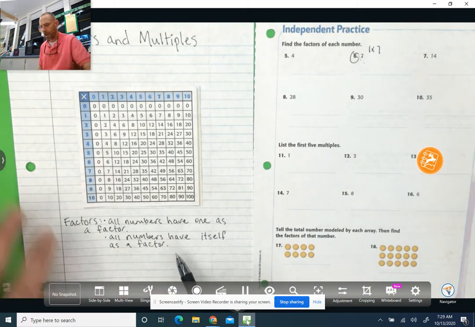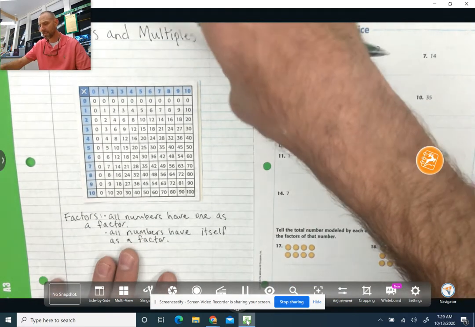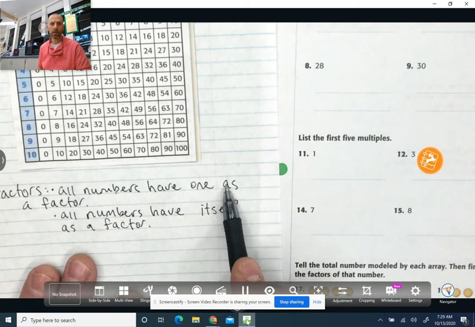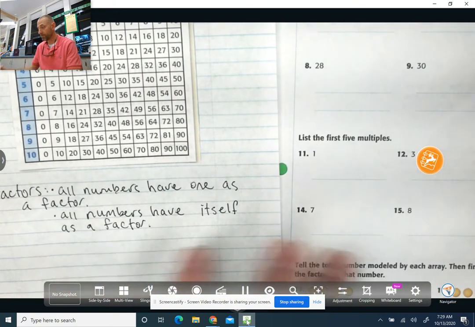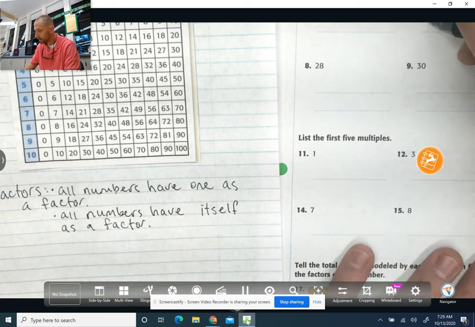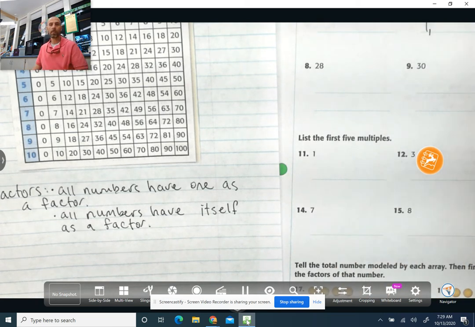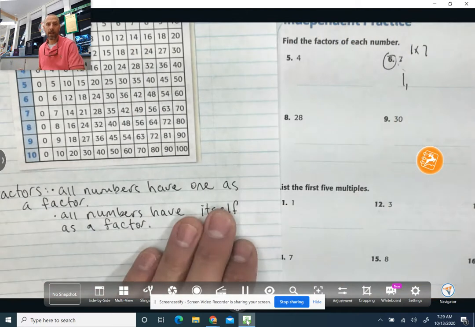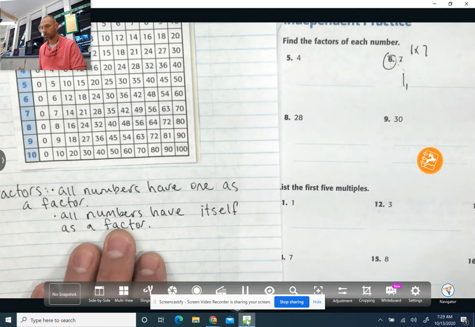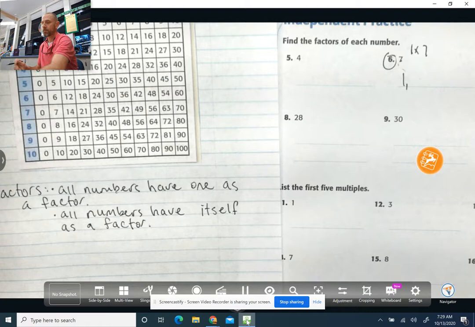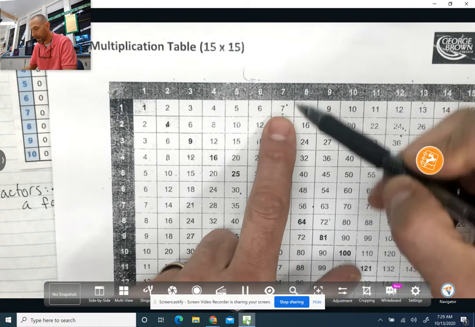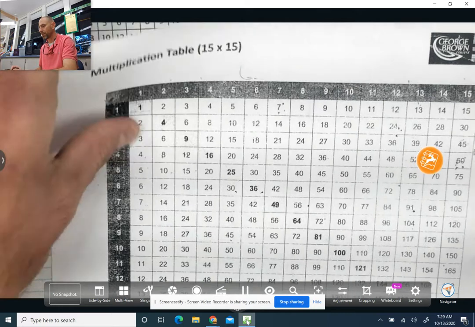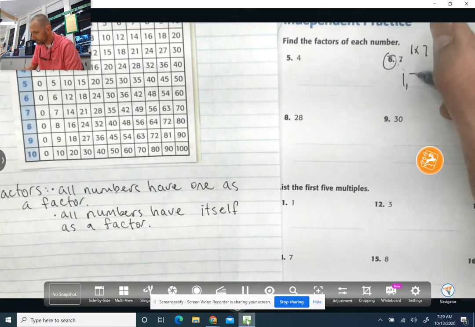So let's look at what I just said here about factors. All numbers have 1 as a factor. 7 has a 1 as a factor. Put a comma. Okay. All numbers have itself as a factor. Well, we found that in looking for the factors of 7, 7 is a factor of 7 and 7.